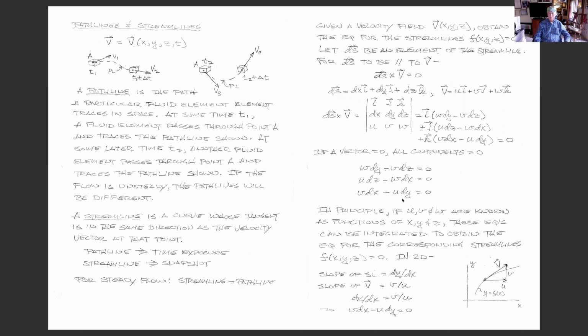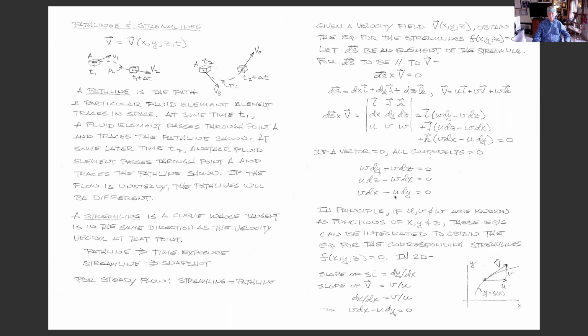In the xy plane, you have this equation, v dx minus u dy equals 0. These two equations don't apply in 2-dimensional flow. This one does: v dx minus u dy equals 0.